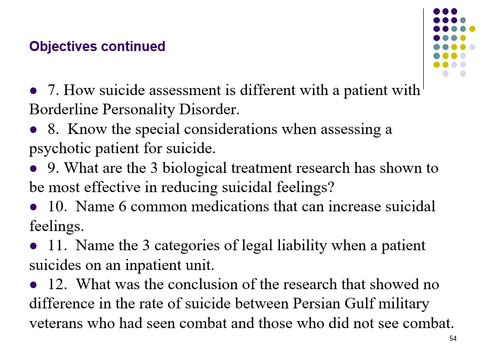So number 8, know the special considerations for assessing a psychotic patient for suicide. We talked about that just a few slides ago: command auditory hallucinations, and the belief that they're not in control of themselves, what we call a delusion that they're being controlled by outside forces or alien control. And number 3, a religious preoccupation.